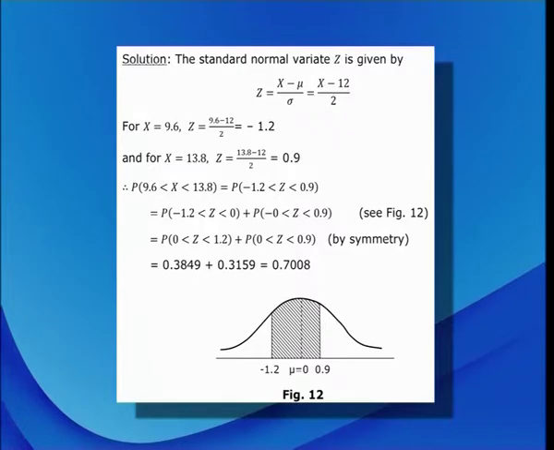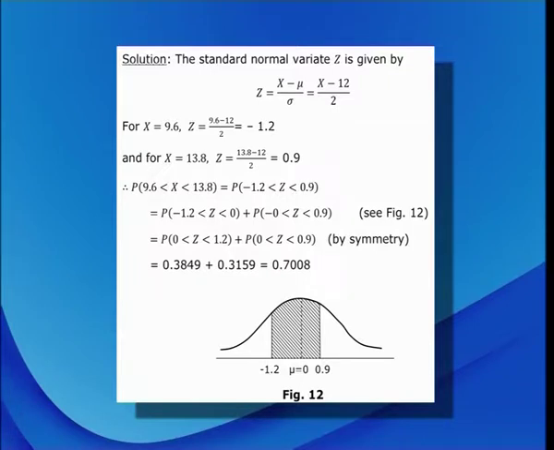Let's see the solution. The standard normal variate Z is given by Z equals (X minus mu) upon sigma, that is equal to (X minus 12) upon 2. So for X equals 9.6, Z equals (9.6 minus 12) upon 2, that is equal to minus 1.2. And for X equals 13.8, Z equals (13.8 minus 12) upon 2, which is equal to 0.9. The probability of 9.6 less than X less than 13.8 will be equal to probability of minus 1.2 less than Z less than 0.9.